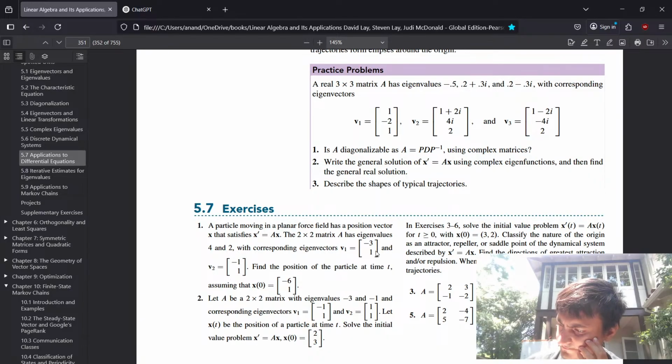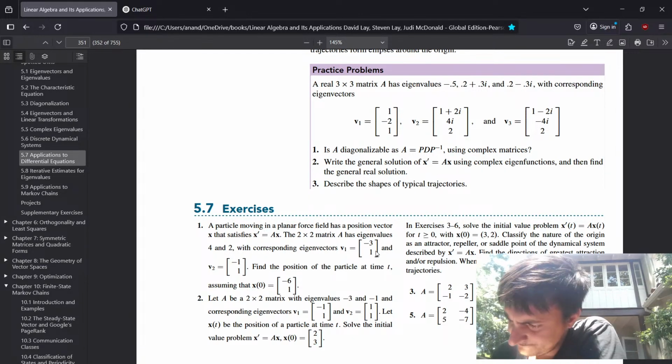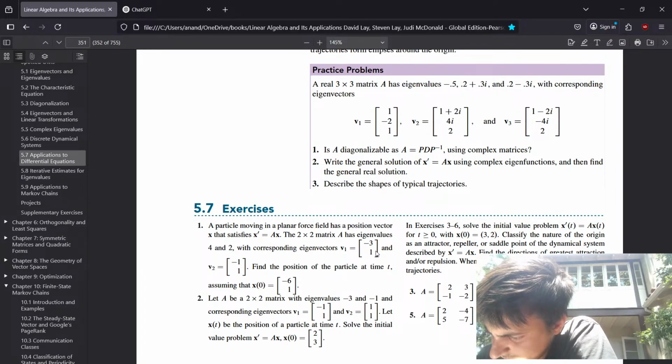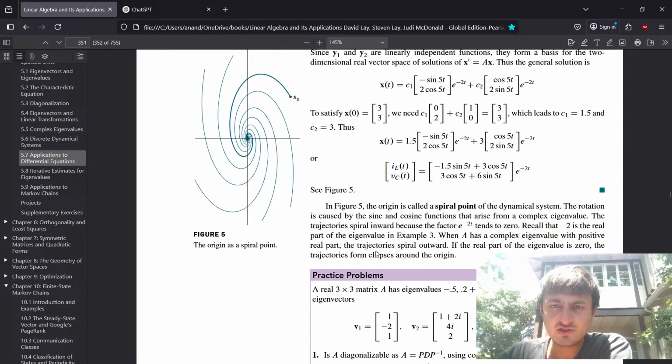Now, right, general real solution. So wait, what did they write the general solution as?